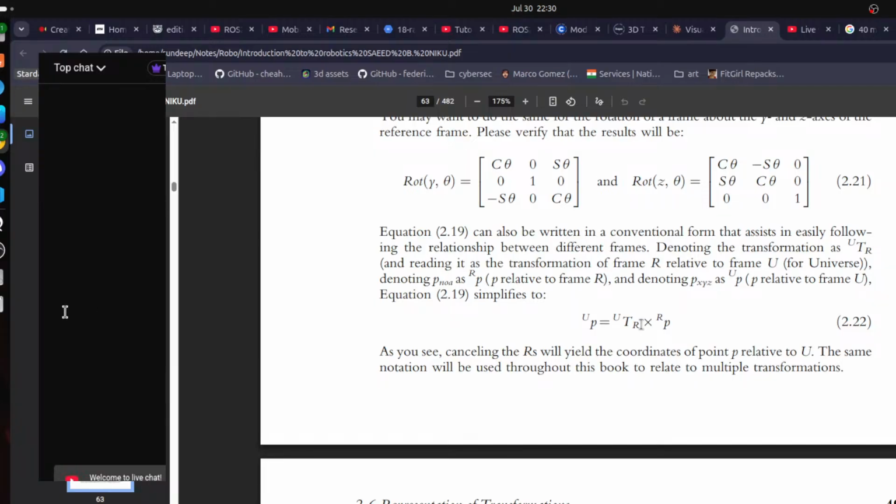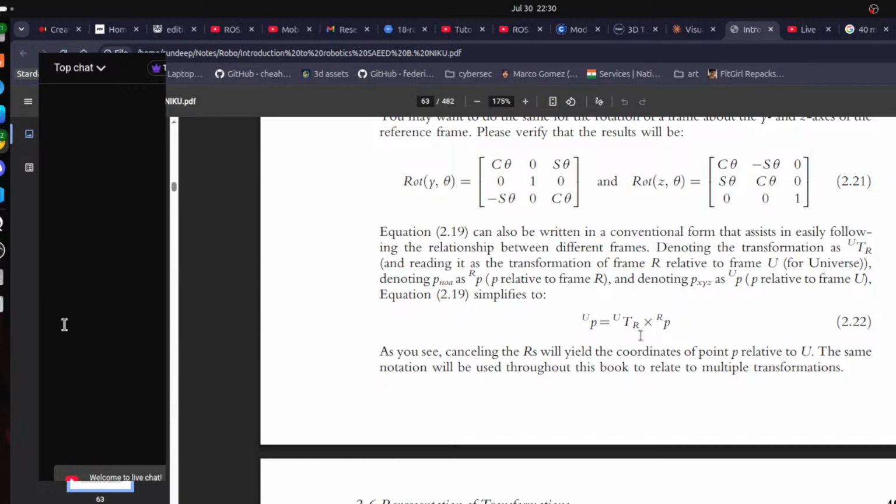from rotating frame. This is basically from rotating frame to the universal frame, given that this point is in the rotating frame. And you could also add many intermediate ones, like the frames that change the coordinates from another frame B to the rotating frame, and then one that changes it from rotating frame to frame B, and so things just start canceling out.